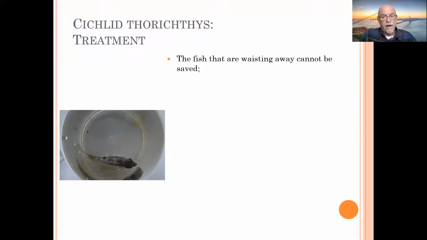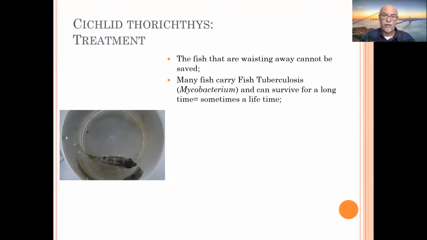Well, the badly wasted fish cannot be saved. Many fish will carry the fish tuberculosis, the Mycobacterium, and they can survive for a long time, like I explained in my previous video, number 69, about the Pseudocrenilabrus, nearly the same case we found on the same day.